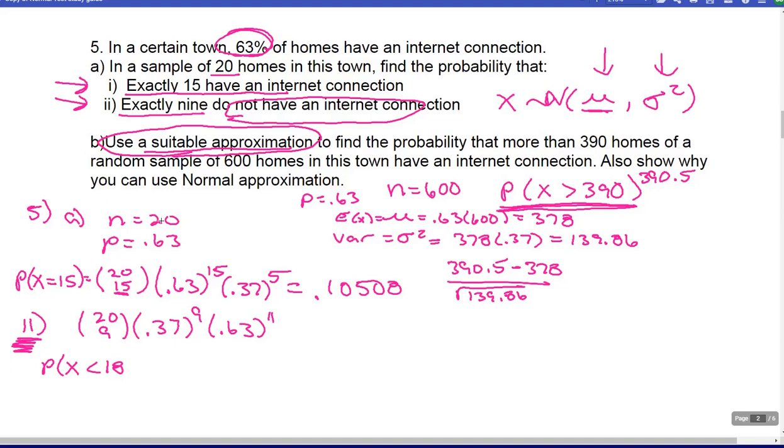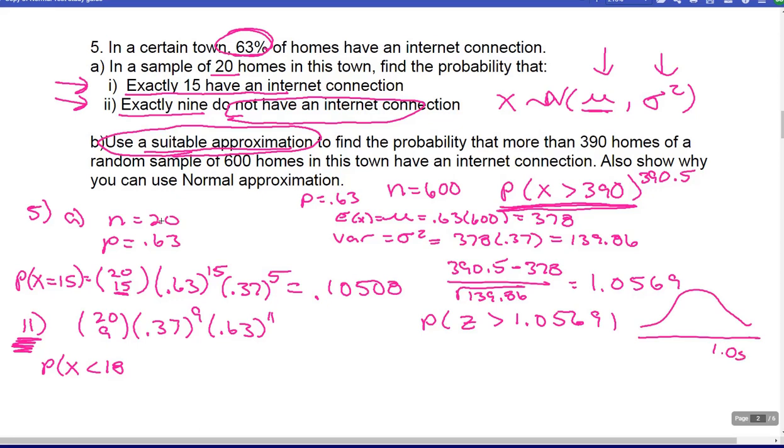I got 1.0569. Now remember, that's our z-score, right? So what I'm going to do is go back and rewrite it. The probability that z is greater than 1.0569. Now again, in my picture, 1.0569 is going to be somewhere over here, and this is what I'm finding.